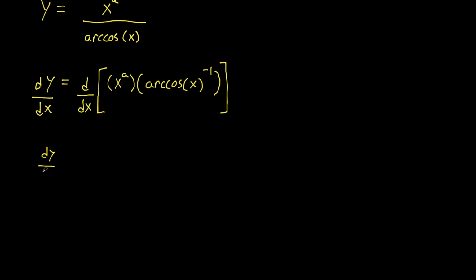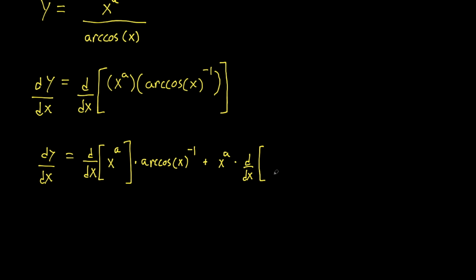We have the derivative of y equals the derivative of x to the a times arc cosine of x to the negative 1 plus x to the a times the derivative of arc cosine of x to the negative 1.